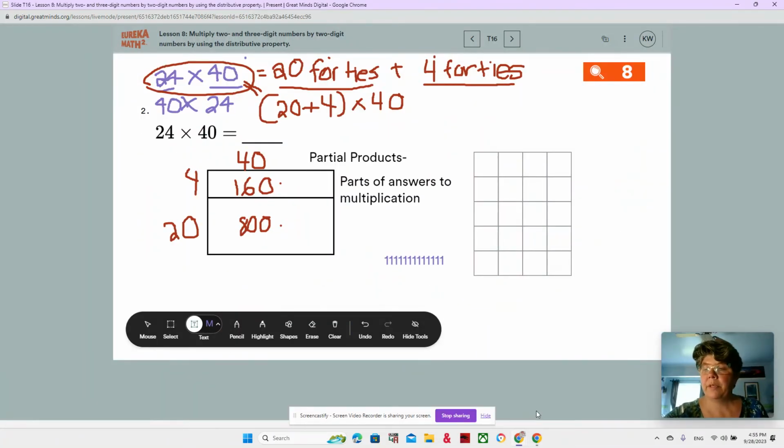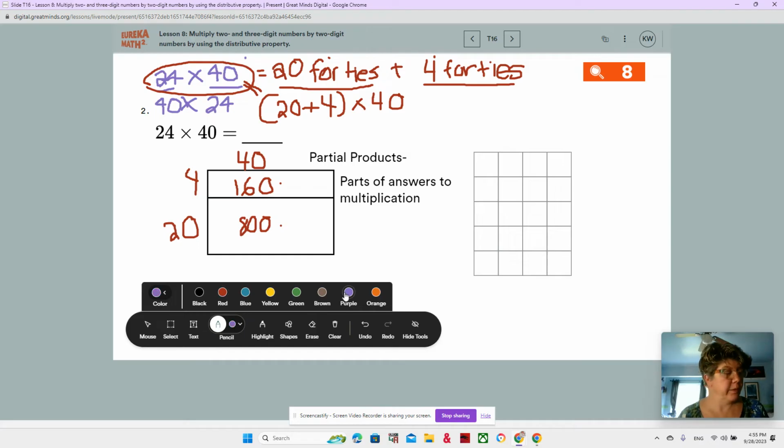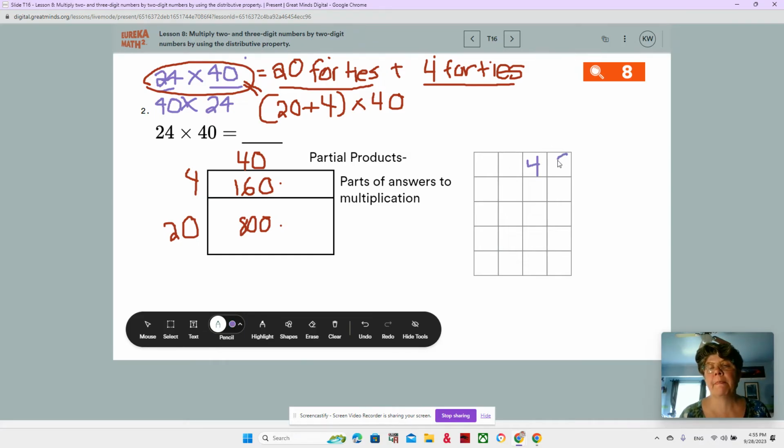So now we're going to put those partial products, and we see that we have 160 and 80. Okay, so let's stop there for a second, and let's do it over here by the regular standard algorithm and just see how it matches up. All right, so our standard algorithm, let's have 40 times 24, right?